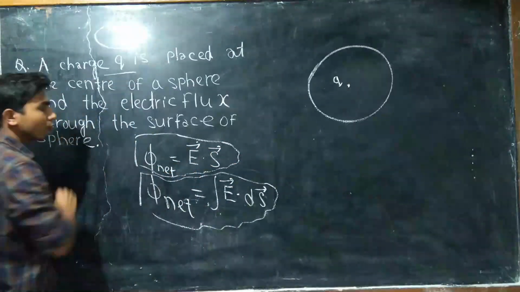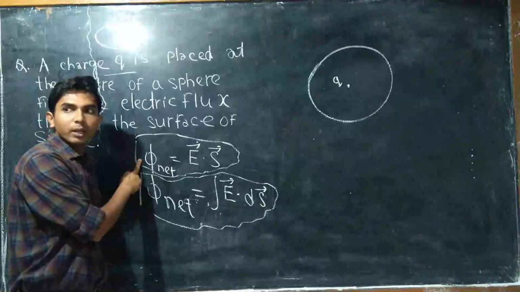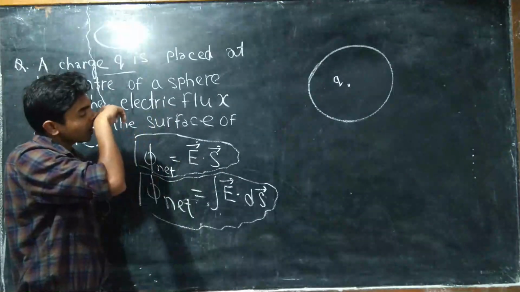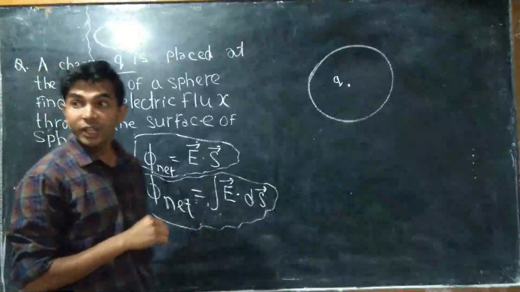These are the only two formulas to calculate electric flux. But the first one is applicable for uniform electric field, but here the electric field is not uniform. At different points the electric field is changing.